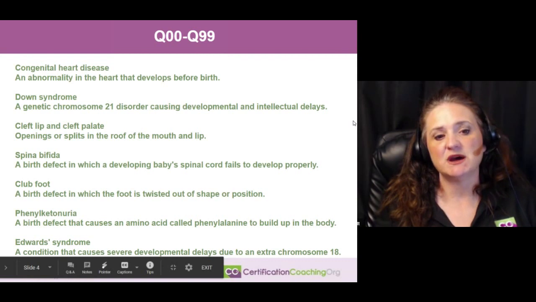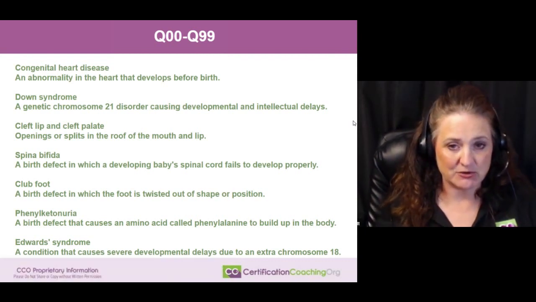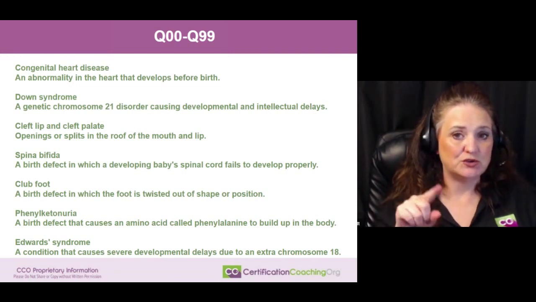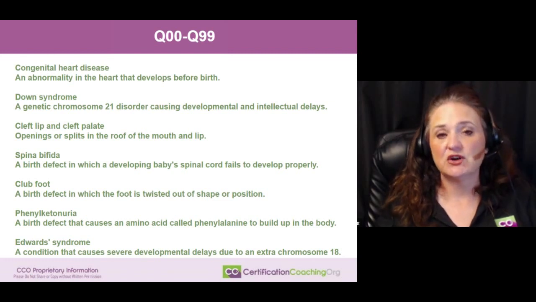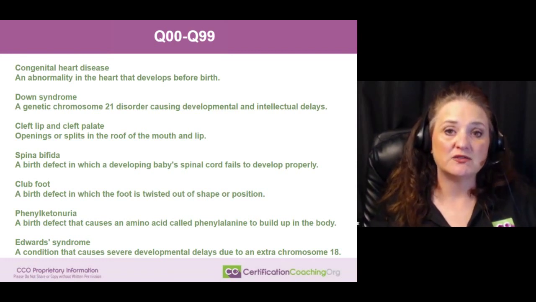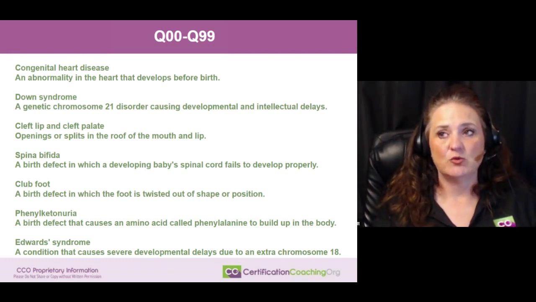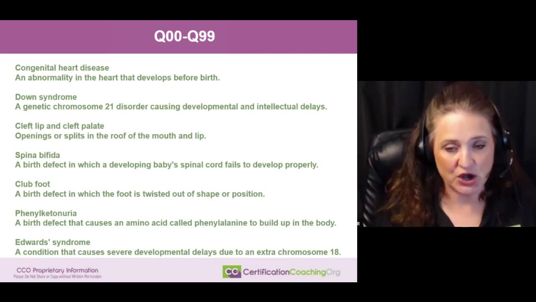Here are some of the most common congenital abnormalities. Again, Q00 through Q99. They include congenital heart disease. We're going to talk about them because that is one of the more common ones that I'm familiar with, and ones that you'll see in just average coding.